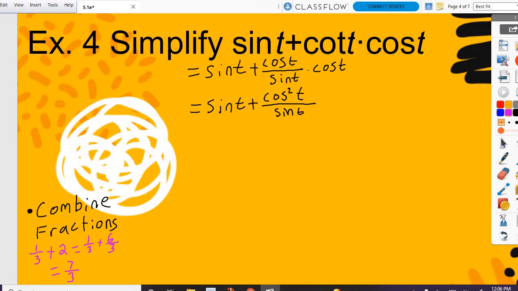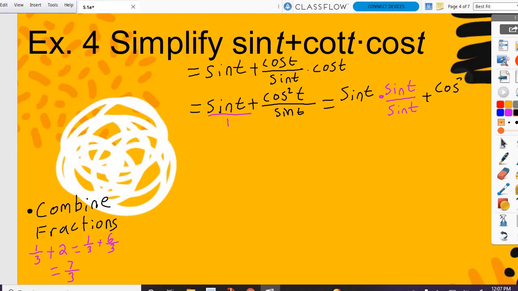So we want to do the same thing here. What is my denominator of my first expression? 1. What's my denominator of my second expression? Sine. So what do I need to multiply my first one by in order to make them the same? Sine over sine. Because again, we're trying to make them the same, but I can't change the actual value.